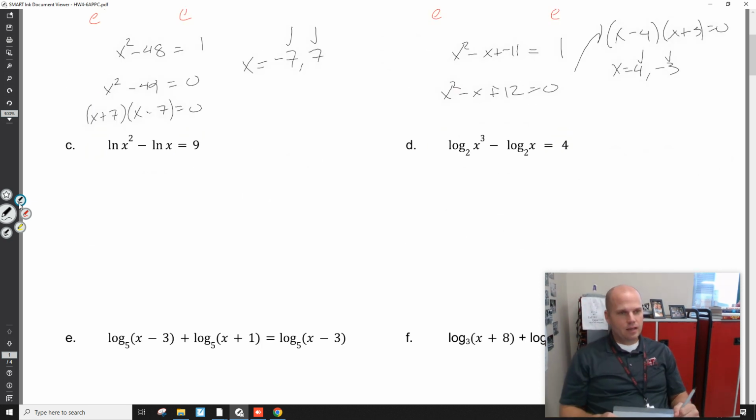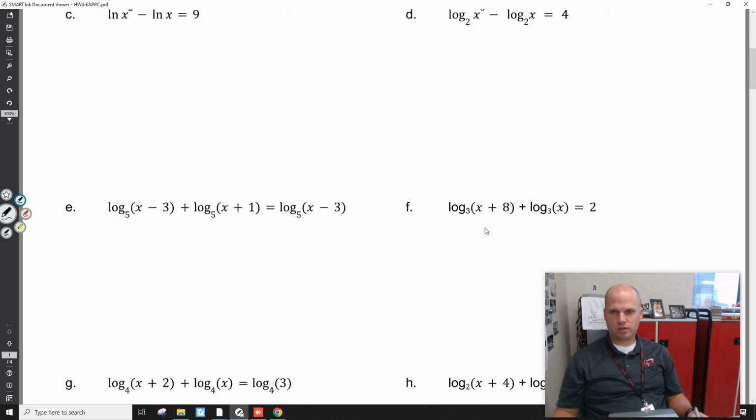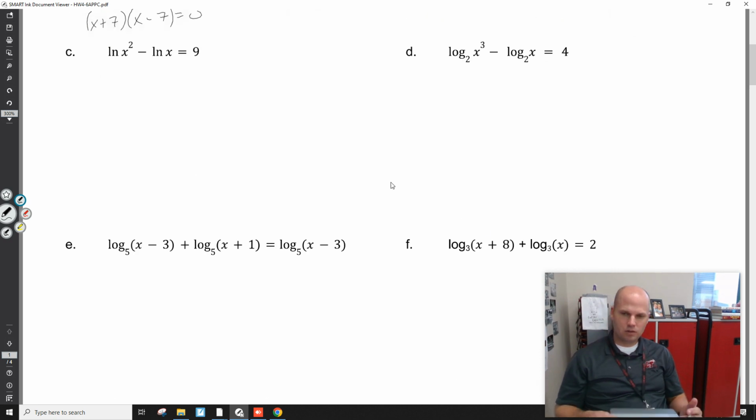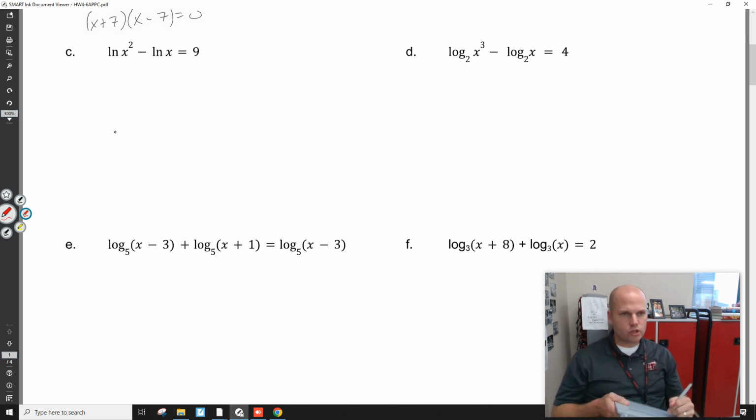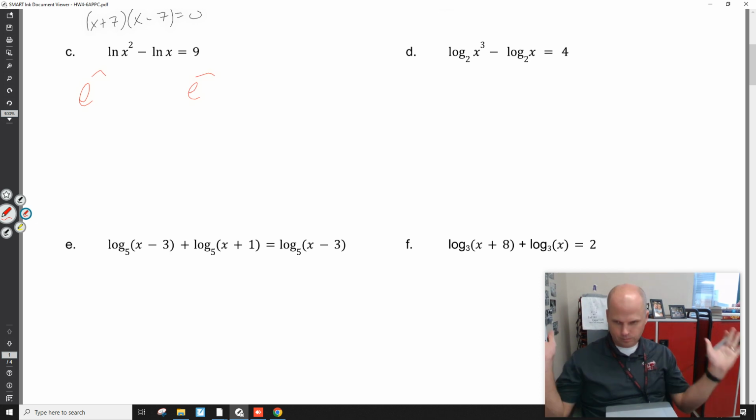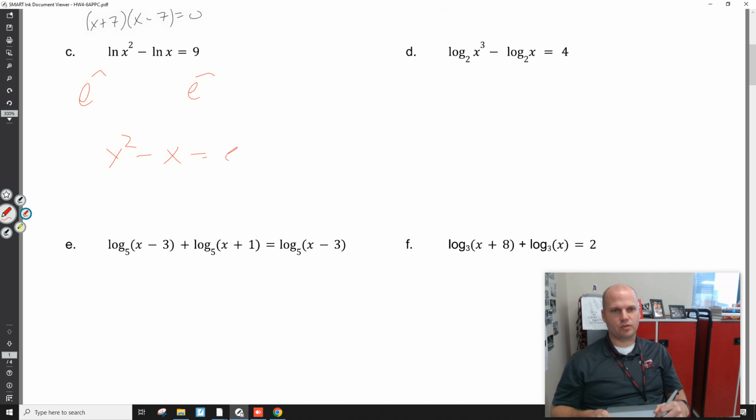This guy: what's very important whenever you have multiple logarithms like this is to understand what you can't do. You could do it, you're just not going to do it correctly. What you can't do is say, oh, let's just take e to the power of both sides, and the logs go away. I have x squared minus x equals e to the 9th.